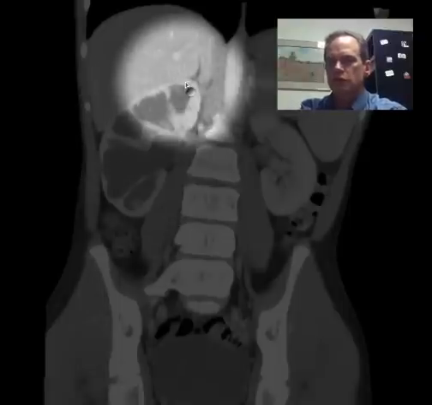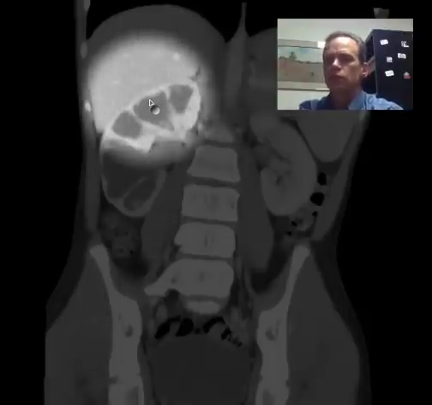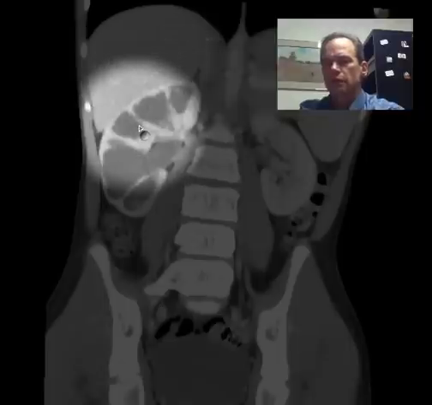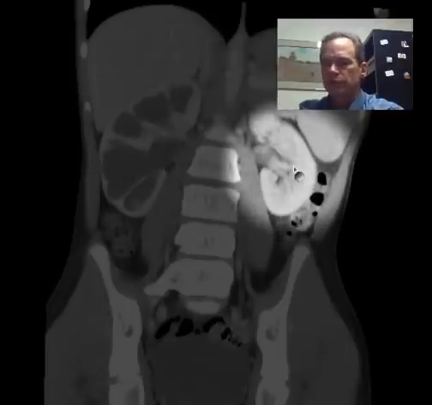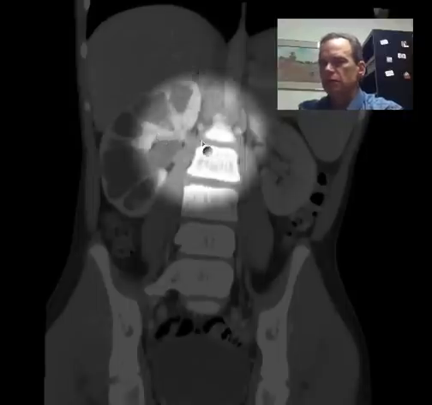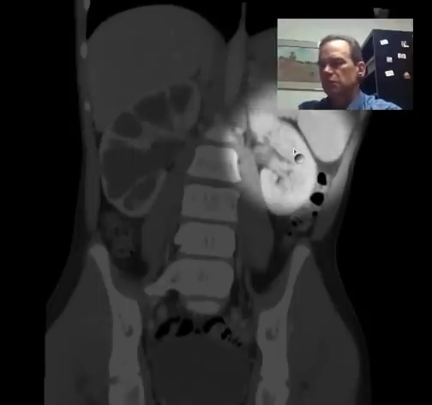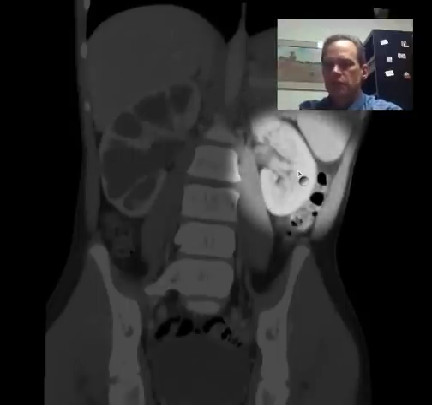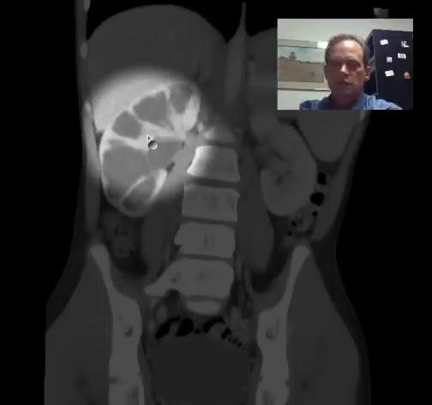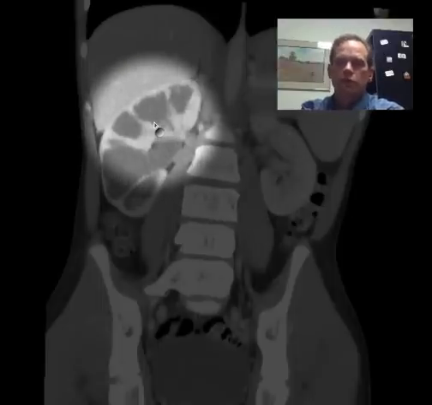So this kidney, although not the best kidney in the world, has been chugging along and doing a reasonable part of the work. You can probably make an estimate looking at it. This has probably been doing 80% of the urine production, and this maybe even less than 20%, maybe 10 or 20%.